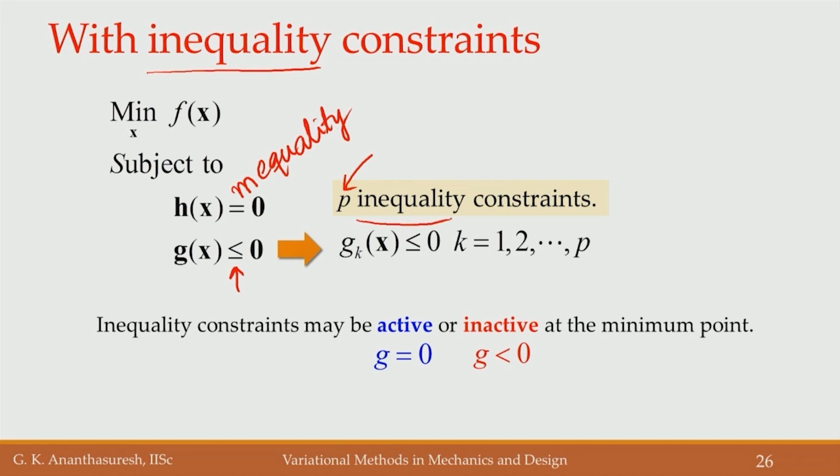When you have an inequality constraint, there are two possibilities. One is called active, when the inequality constraint expression g is 0, or strictly less than 0, in which case it is inactive. Why is it called inactive? We will see that a little later, but know that there are two ways that are possible for an inequality constraint. One is that it is active, meaning it is strictly equal to 0, the other is that g is strictly less than 0 at the minimum point.